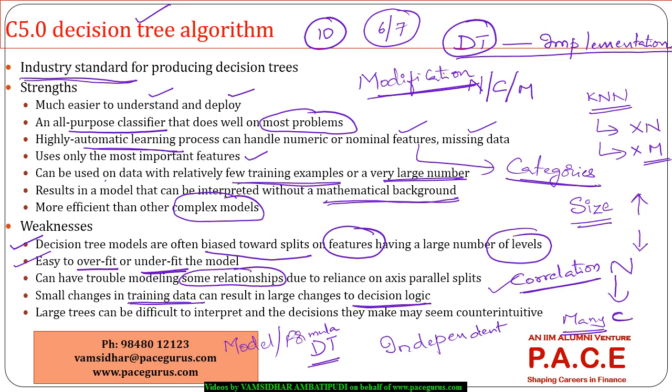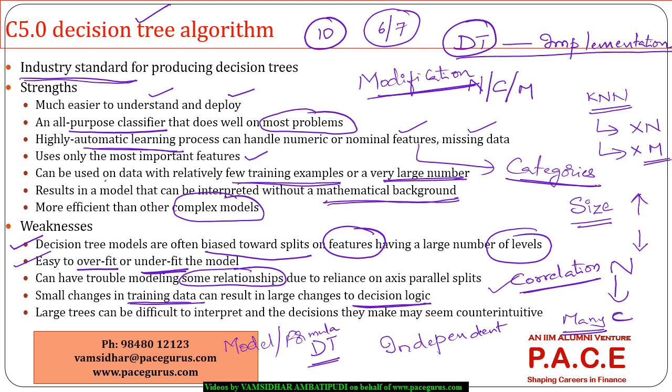Earlier a feature A was given the first importance, now feature B might come out as the first important. So the overall logic also might get changed quite drastically. So we have to be very careful, we have to look at all different possibilities before we go ahead in terms of using this algorithm for the production data.